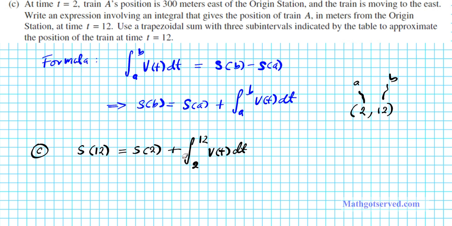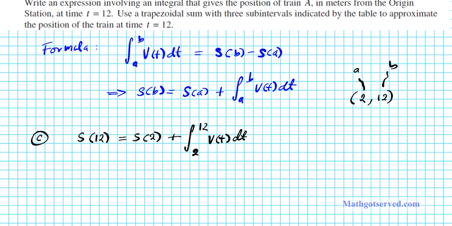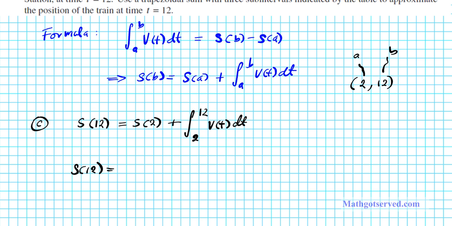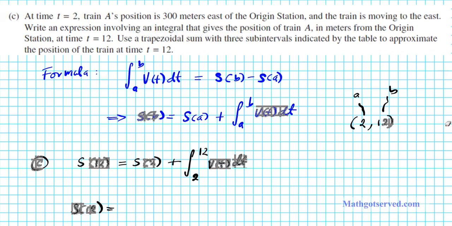So s of 12 is going to be s of 2, the position when the time is 2. What was the position when time is 2? You're told here that it's 300 meters.